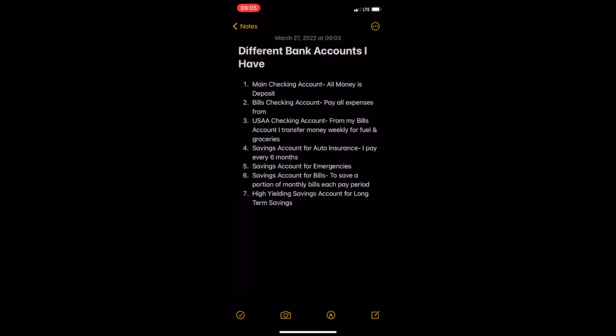And then I have a few savings accounts. I have one for my auto insurance, which I pay on a 6-month basis. And then I have one for emergencies, one for saving my portion of my monthly bills from my weekly paycheck. And then I have a high yielding savings account, which gets a pretty decent rate with a certain amount of money.